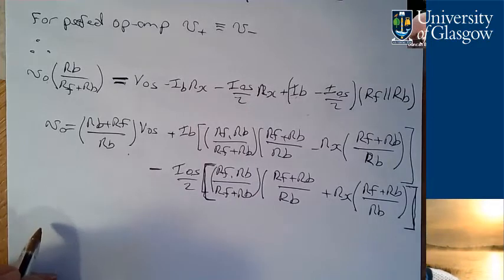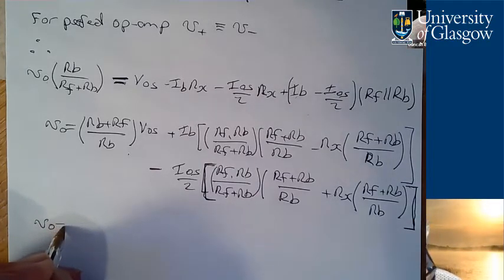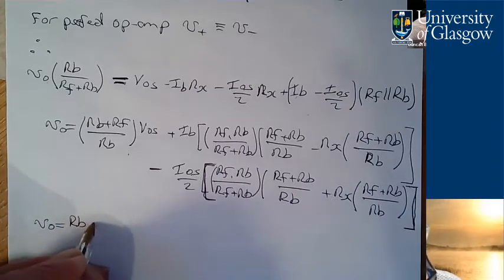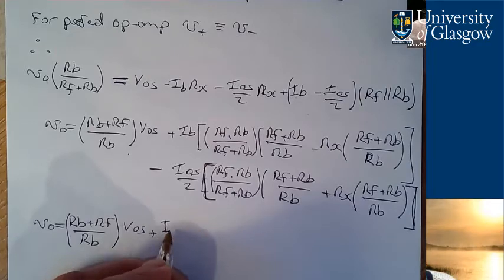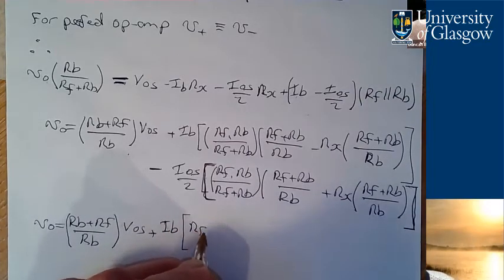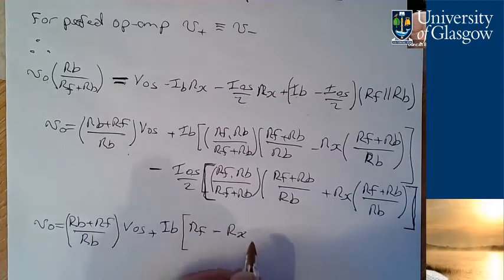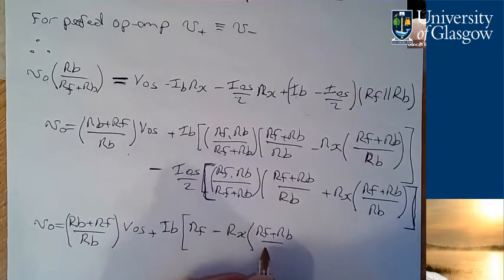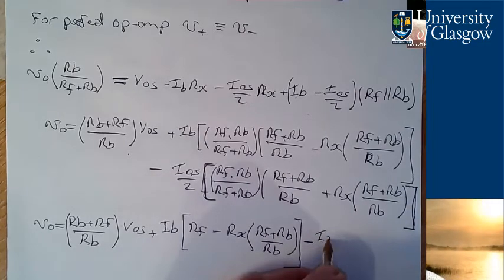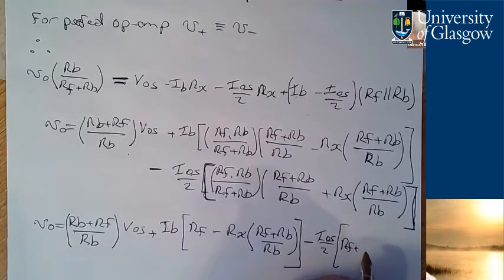So the final result gives us V out equals RB plus RF over RB VOS plus IB into RF minus Rx into RF plus RB over RB, minus IOS over 2, and it'd be a bit messy here, RF plus Rx into RF plus RB over RB.